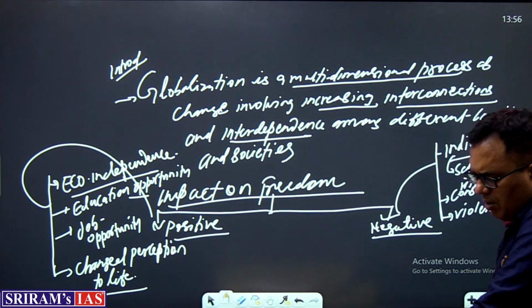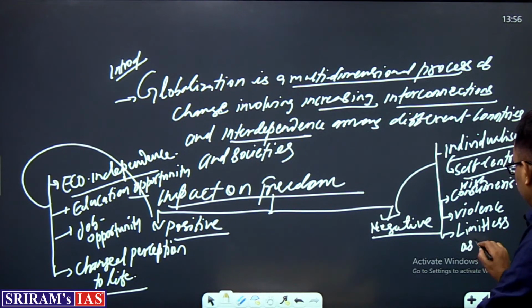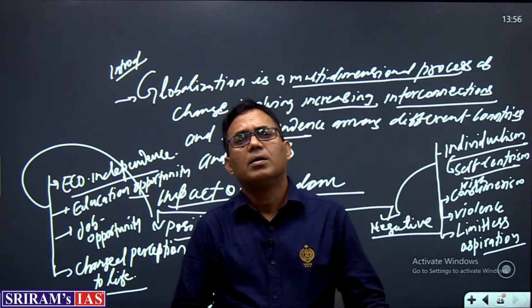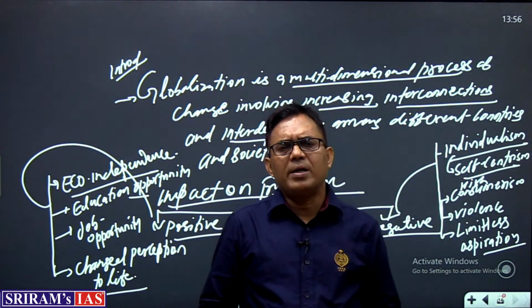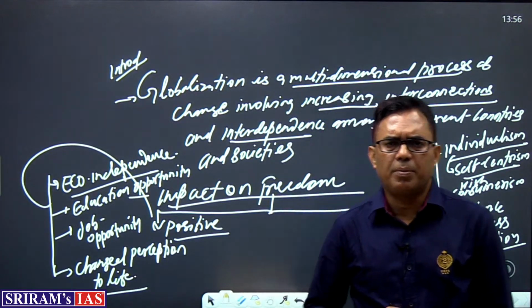Sometimes the violence happens because of limitless aspiration. In sociology, there is a thinker Durkheim, you will not mention him in the answer, but I am just telling you that Durkheim talked about how in modern society economic conditions grow because of the limitless desires of people.